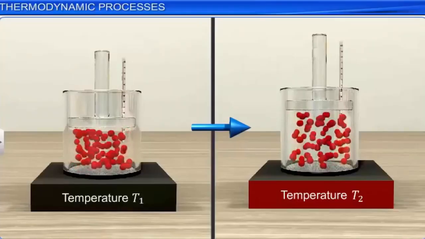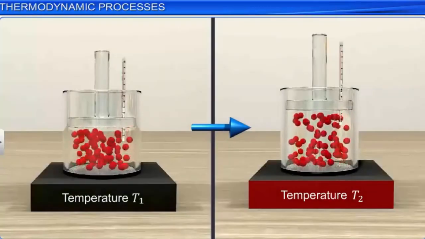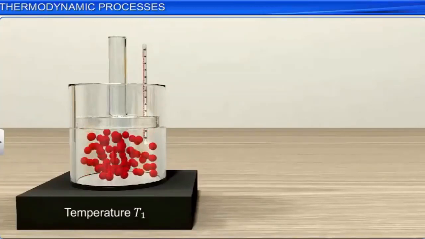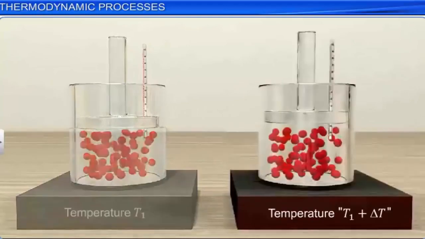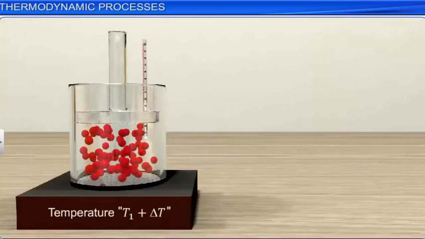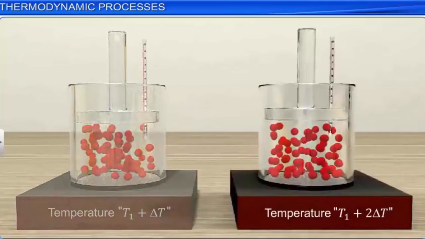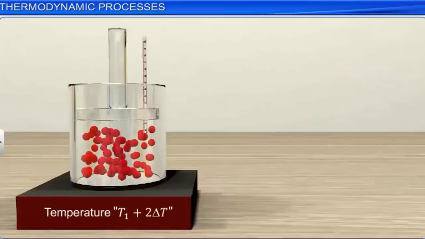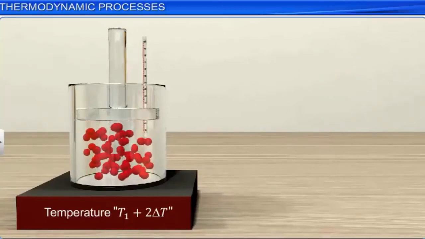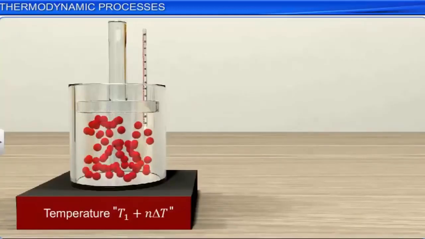In the same way, to change the temperature from T1 to T2 through a quasi-static process, the temperature of the surrounding reservoir must be changed by a small quantity, delta T. By choosing reservoirs of progressively different temperatures, the temperature of each varying by a small quantity delta T, we can take the temperature of the system from T1 to T2.